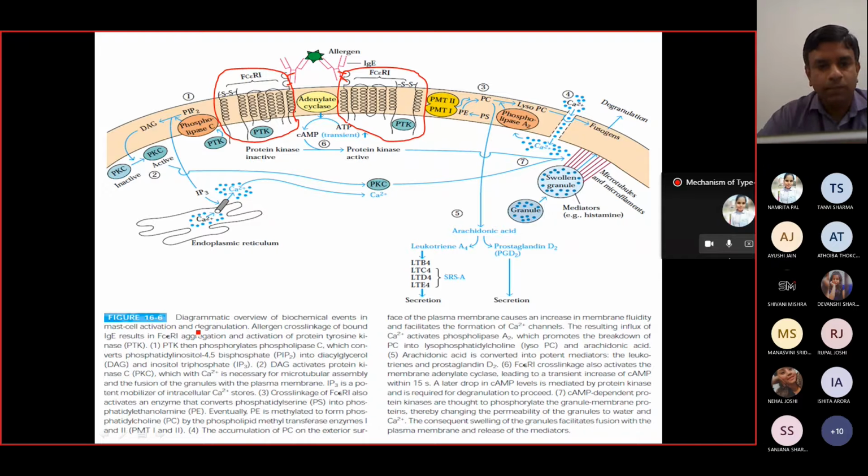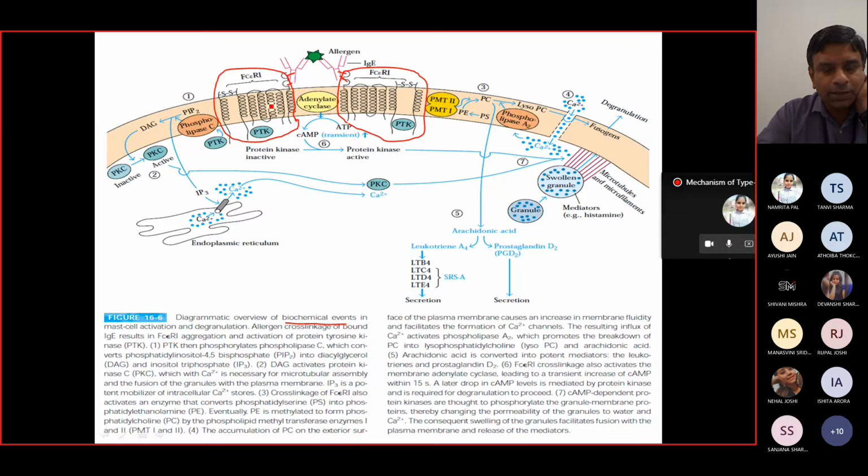So if we look at this step by step, these are the biochemical events in mast cell activation and degranulation, right? We have already talked about allergen cross-linkage. So allergen cross-linkage of bound IgE results in Fc epsilon R1 aggregation.